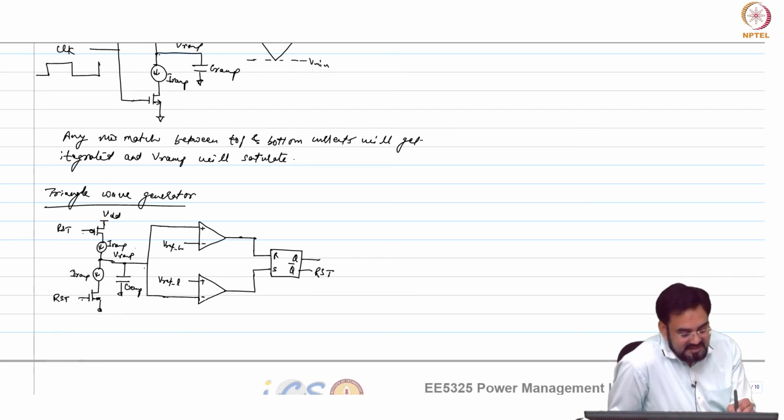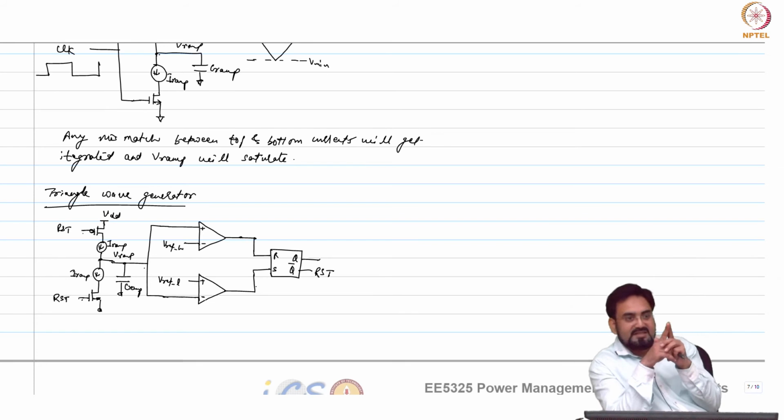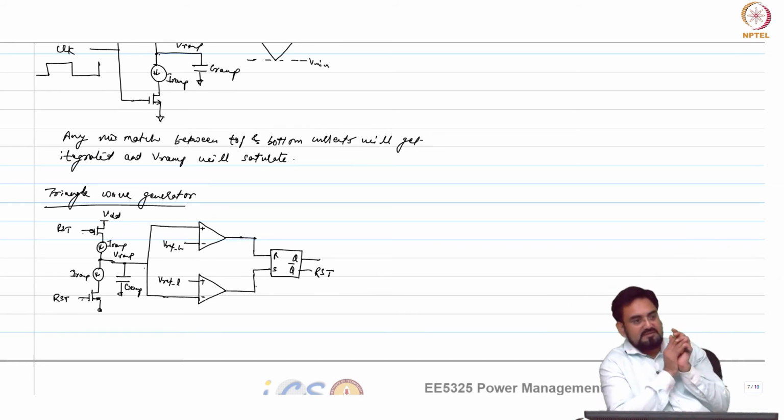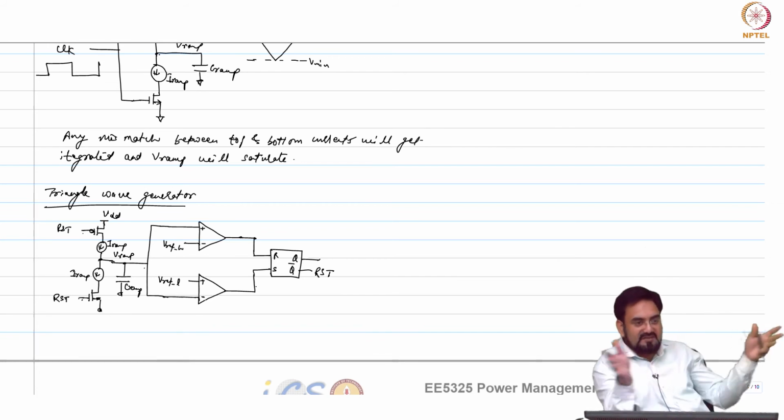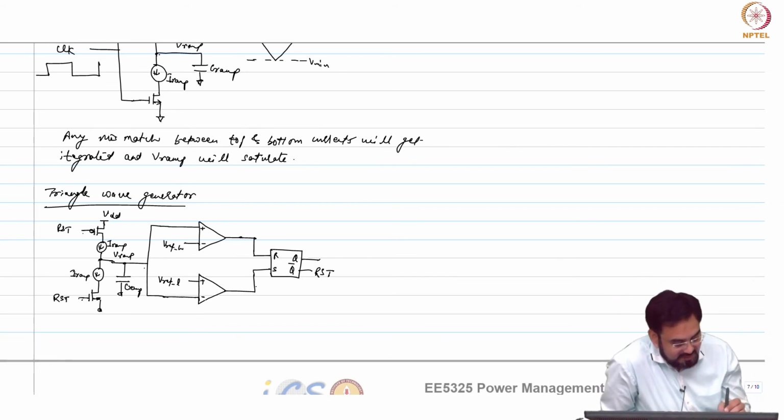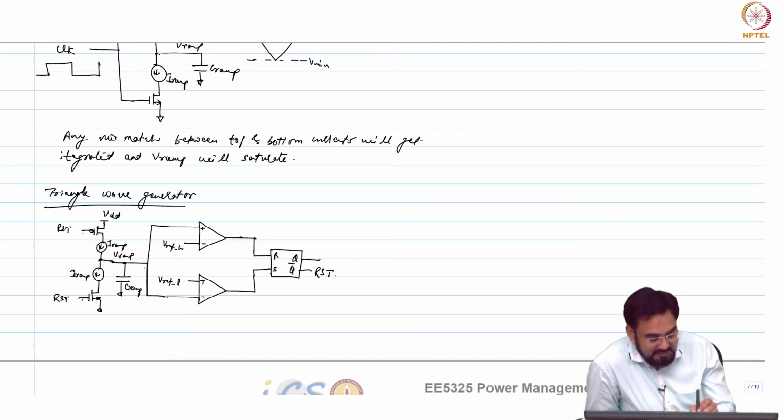Now it will start charging again. So both the comparators will only see the glitch during transition time. Which means R and S most of the time will remain 0 0, and you will see a triangular wave here.